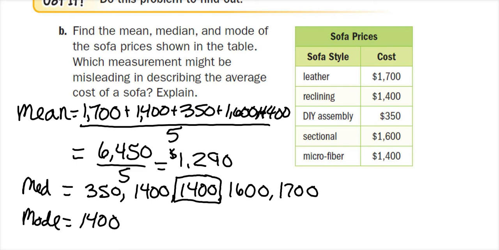All right, so what they're asking us is which measurement might be misleading in describing the average cost. Okay, so which one is actually the most misleading? Well, they would want to use the mean, right? Because the mode and the median both tell it exactly. So we're going to say the mean would be misleading.